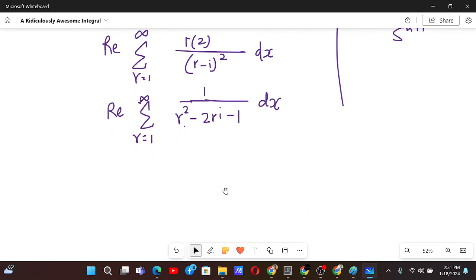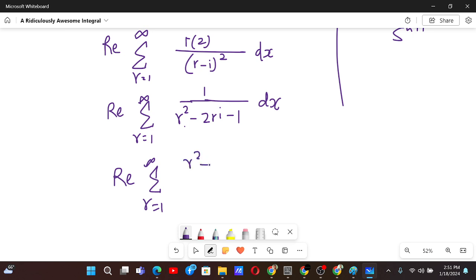Now we can use the conjugate so as to make our denominator real from complex. The conjugate will be r square minus 1 plus 2ri. In the denominator, we have r square minus 1 minus 2ri multiplied by r square minus 1 plus 2ri.